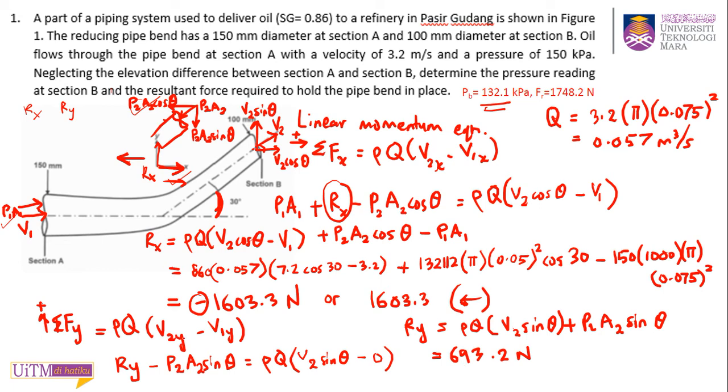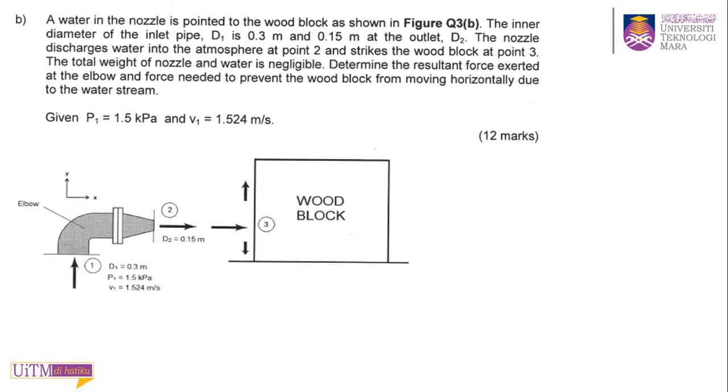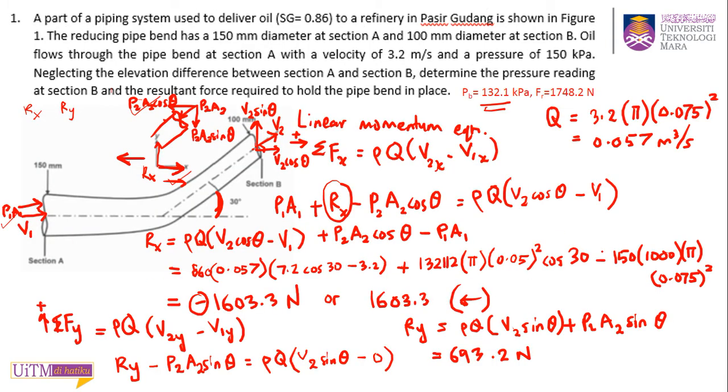Okay, so you get your Rx and you get your Ry. To get the resultant force, what you need to do is just add. I just write it here kat sini. So resultant force sama dengan square root of both of them.